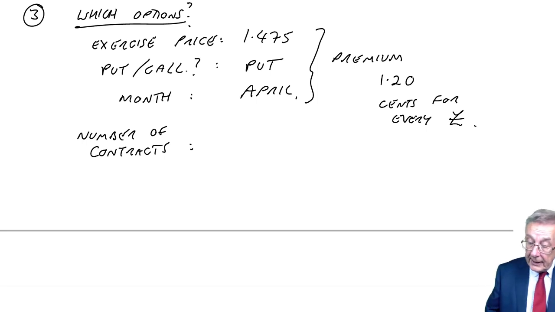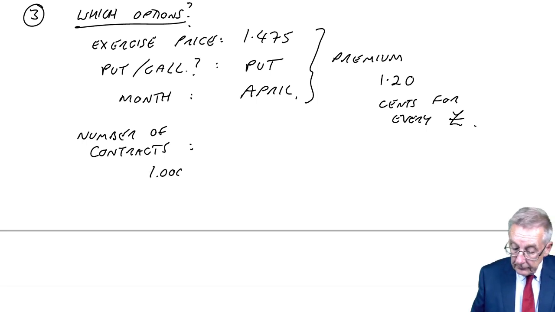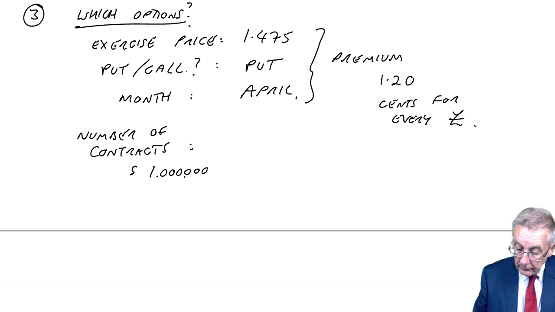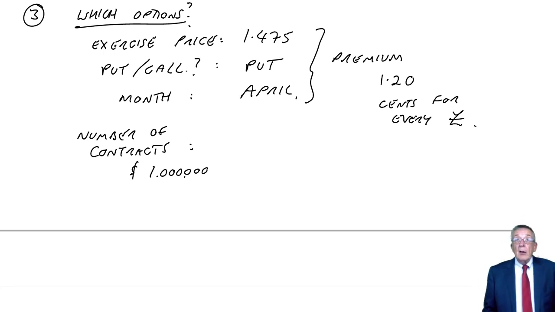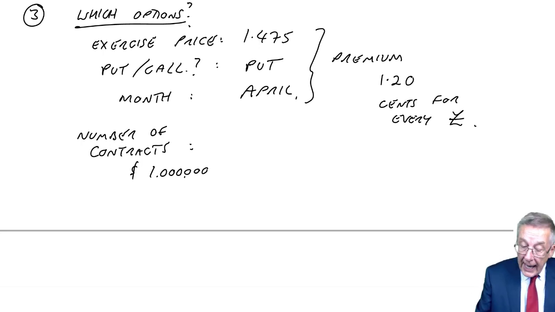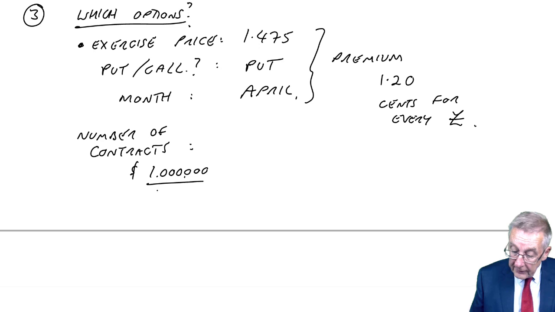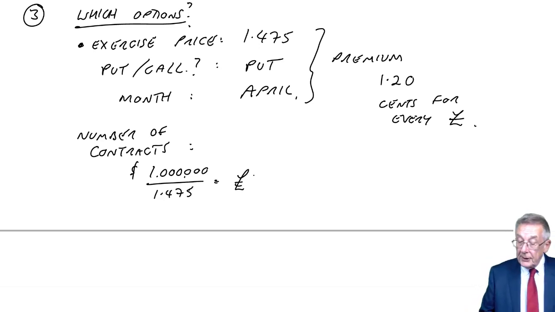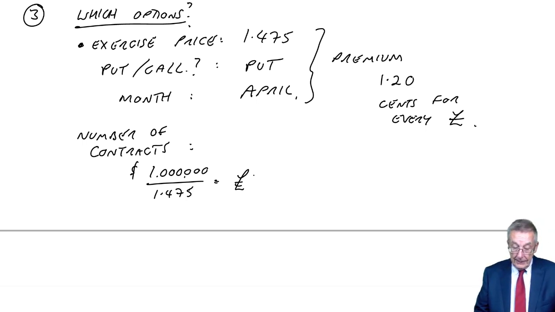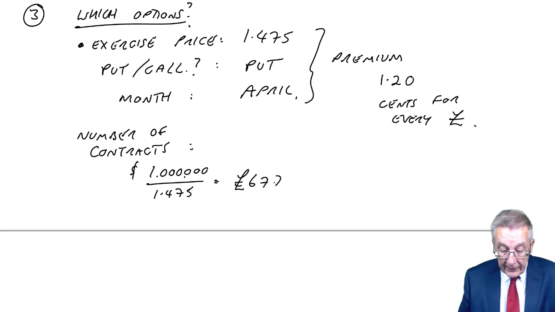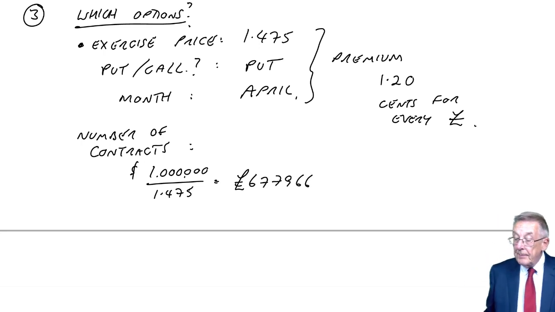Ideally, we want the option on $1 million. Well, because contracts are in pounds, we need to see how many pounds that is equivalent to. At our exercise price of 1.475, it's equivalent to $677,966.